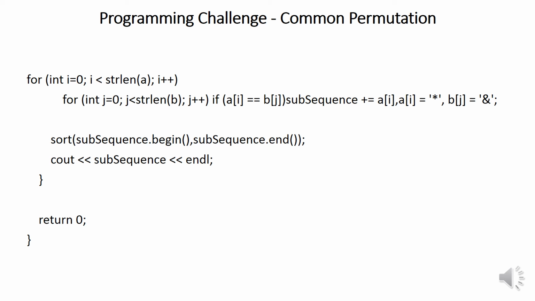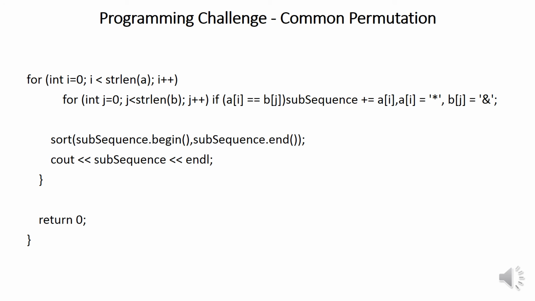The matched character of the A string is replaced with star, and the matched character of B is replaced with ampersand.